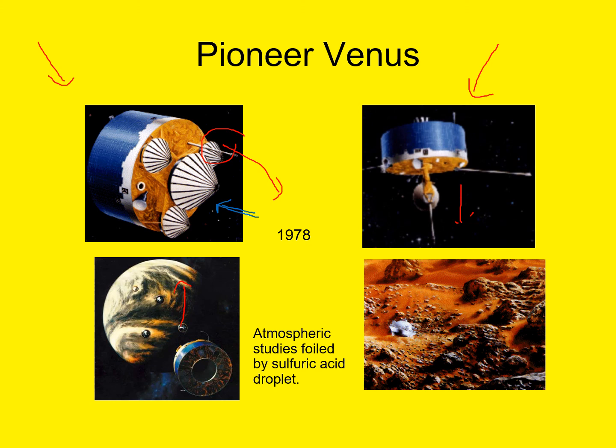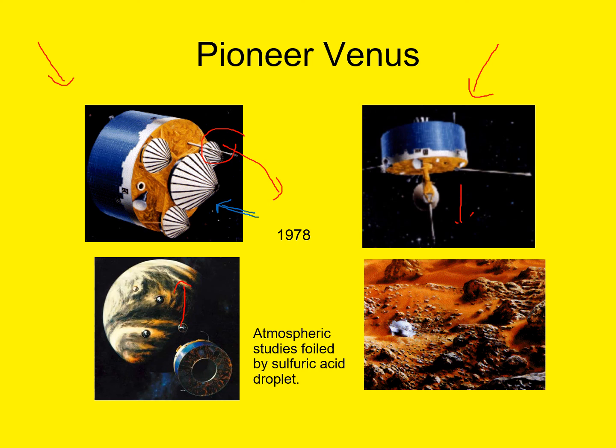And the idea was it would fall through the atmosphere and measure the exact chemistry of the atmosphere. It would measure the exact atoms that made up the atmosphere, not just the atomic species, not just the particular element, but also which isotope it was. And so this would give a very detailed profile of Venus's atmosphere from high altitude all the way down until the probe was crushed near the surface. And so at least that was the idea.